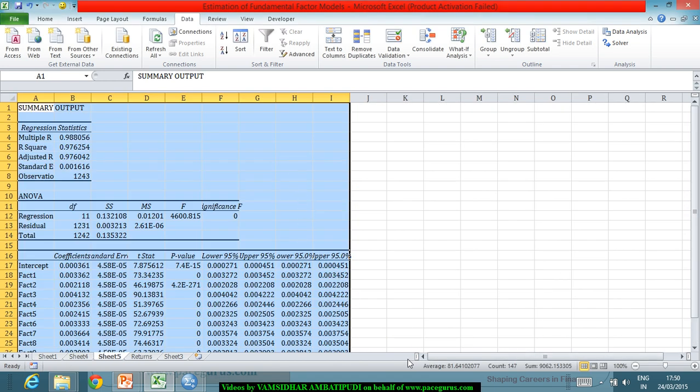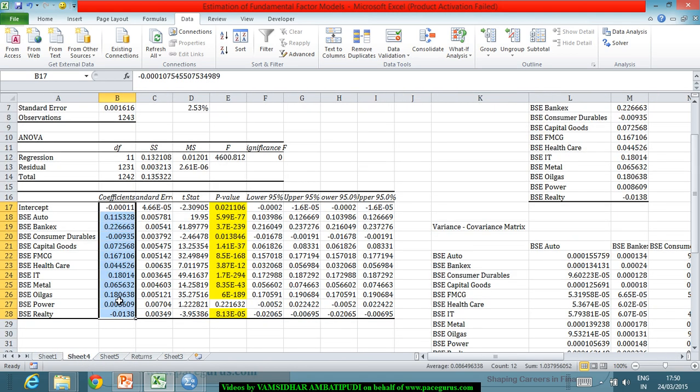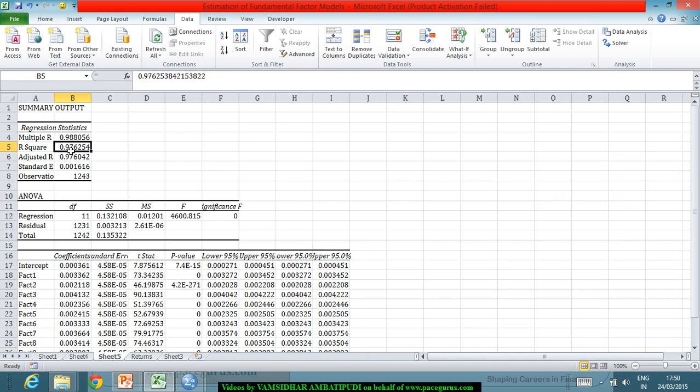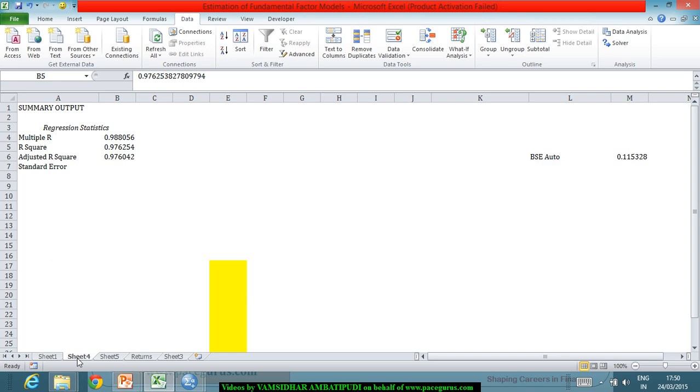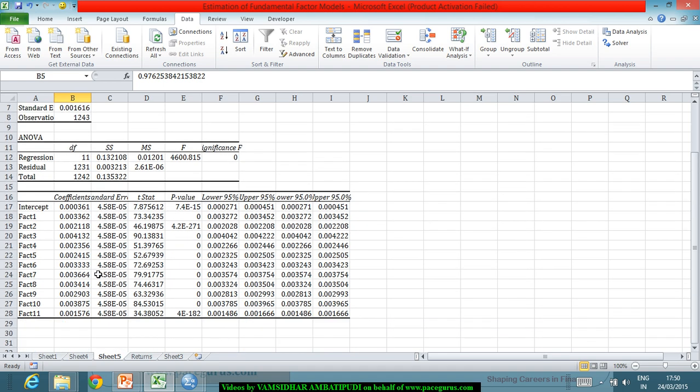Now they are really independent for me. The R squared still is 97.62. Even in the earlier case, the R squared was 97.62. Even now the R squared is 97.62 itself. But this time the reliability of the coefficients is much, much higher.